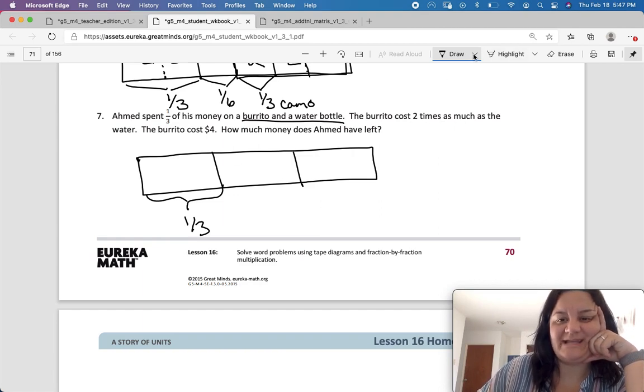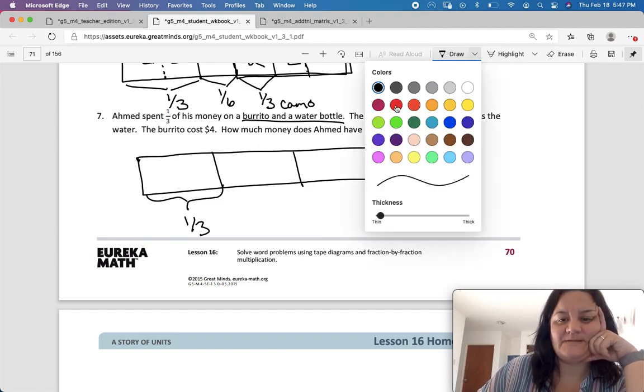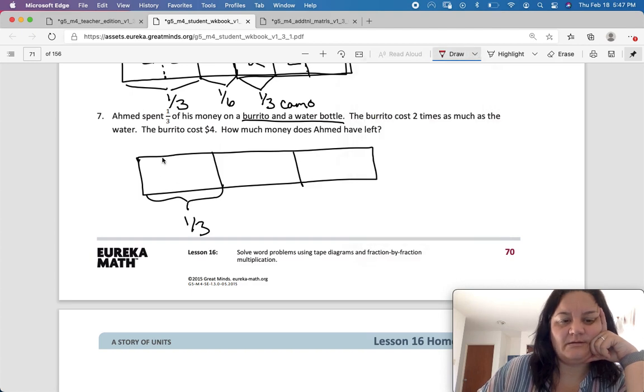So we're going to split that inside into 3. This is the burrito here because it was 2 times as much as the water. And this blue, we'll use blue for water. The burrito cost $4.